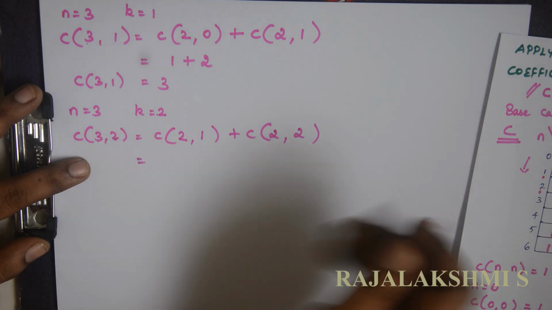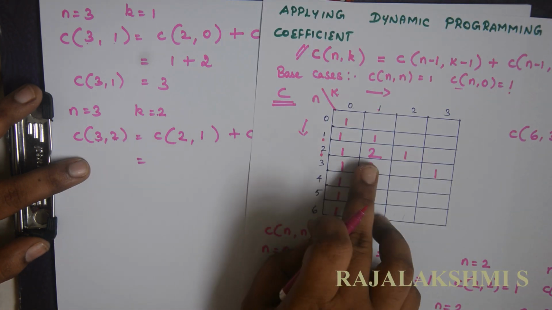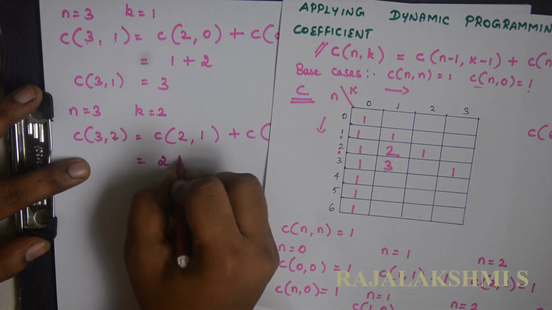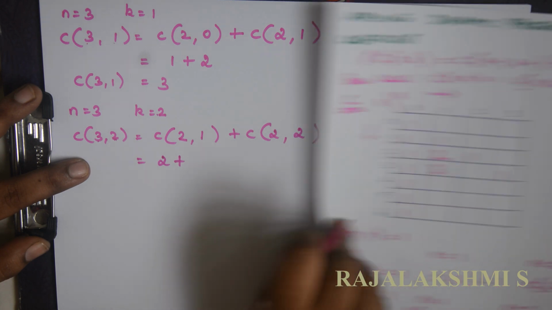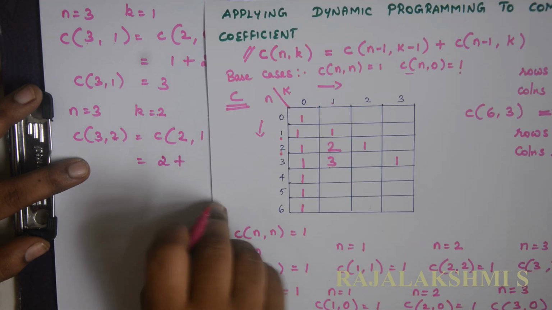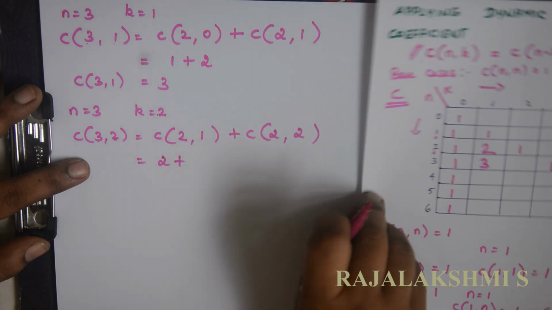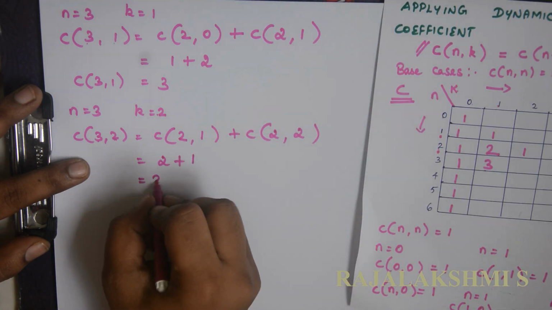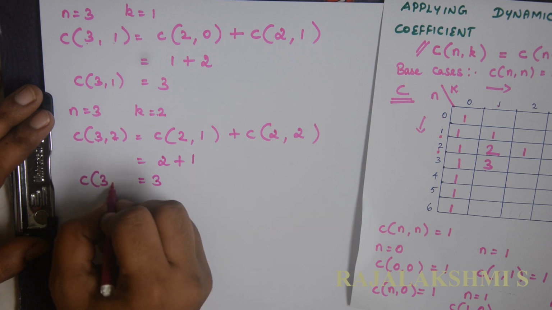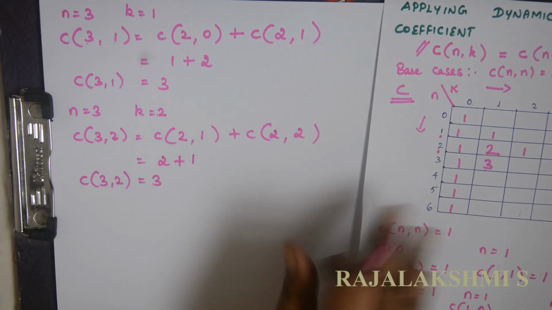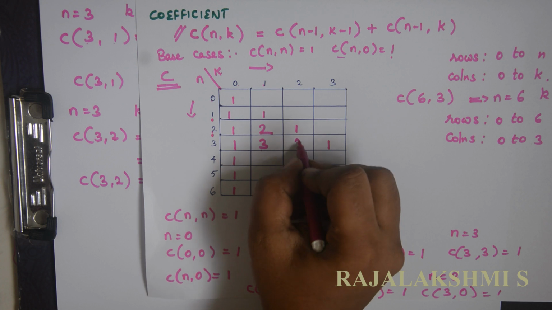So C of 2 comma 1. So what is C of 2 comma 1? It is 2, plus C of 2 comma 2. C of 2 comma 2 we are having as 1. So it is 2 plus 1, which is 3. So C of 3 comma 2 is equal to 3. So we will fill the value.